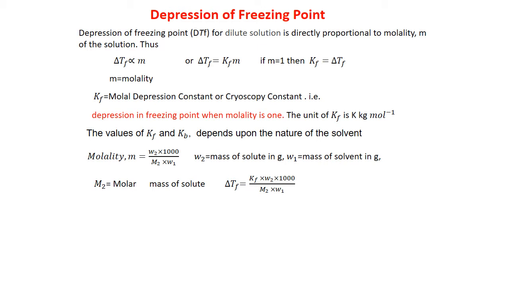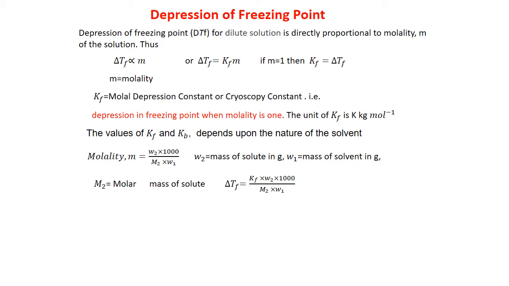Both will be equal, and we can give the definition for Kf. It is the decrease in freezing point when molality of the solution is 1. Unit of Kf is K kilogram per mole, and we must know that values of Kf and Kb depend upon the nature of the solvent.